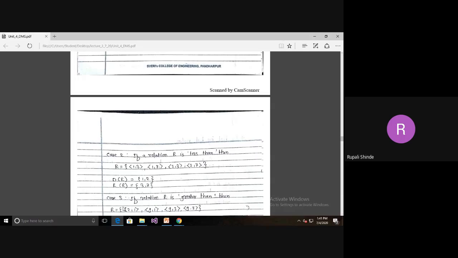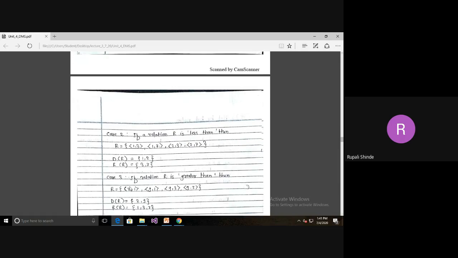For all these ordered pairs, it satisfies the property greater than. Again for this relation we have to find the domain and range. For the domain 2, 9, and for the range 1, 3, 7. So this is the concept of domain and range of a relation.